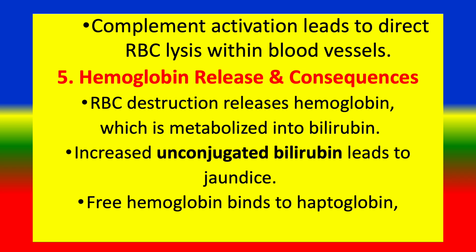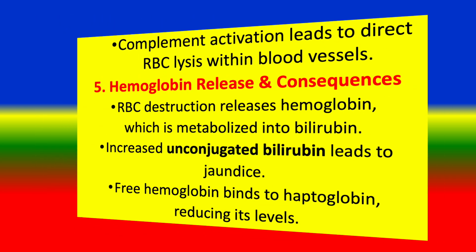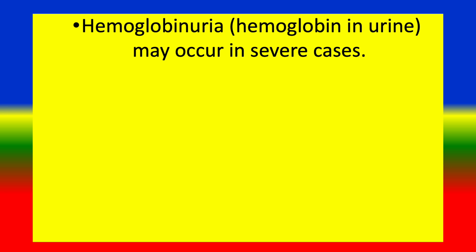Free hemoglobin binds to haptoglobin, reducing its levels. Hemoglobinuria: hemoglobin in urine may occur in severe cases.